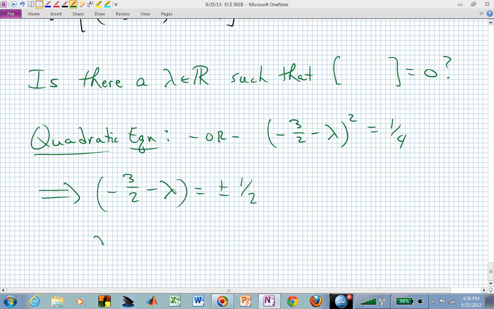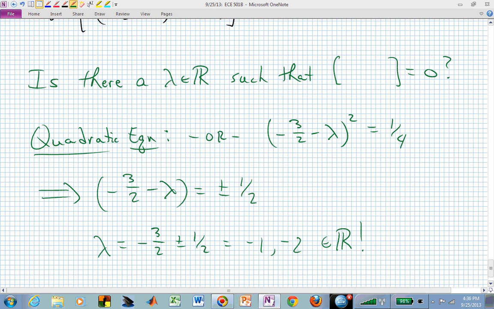And now I can say lambda is actually equal to minus 3/2 plus or minus 1/2, or it's minus 1 or minus 2. And those are both real, aren't they?